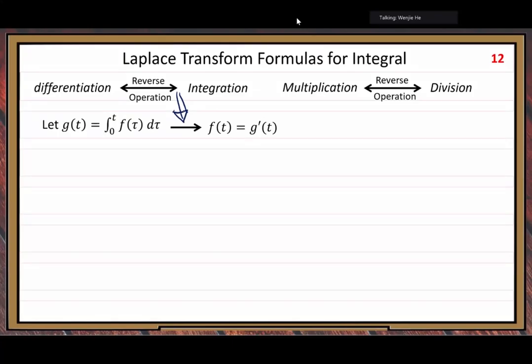There is a name for this relationship in calculus.